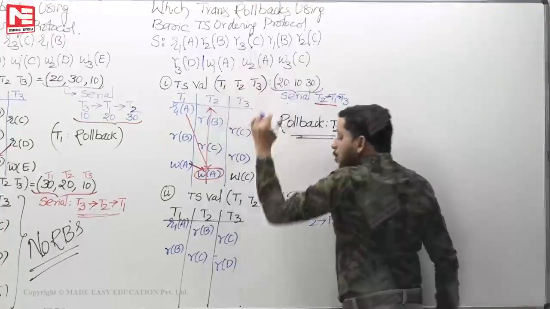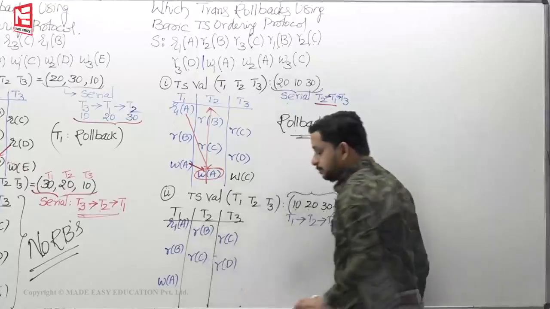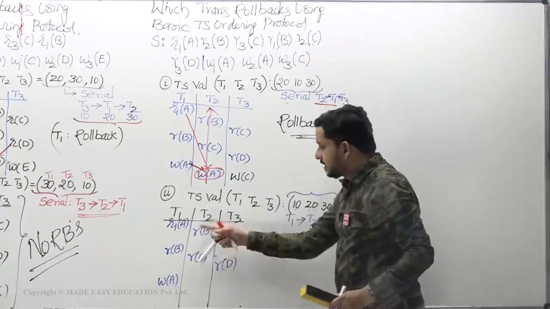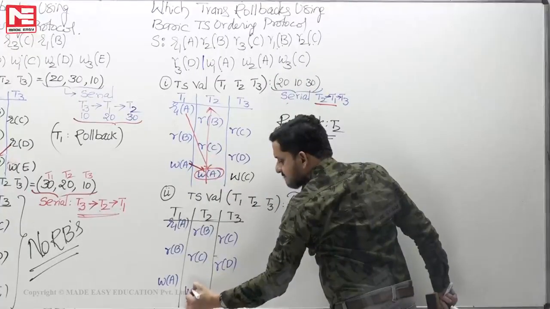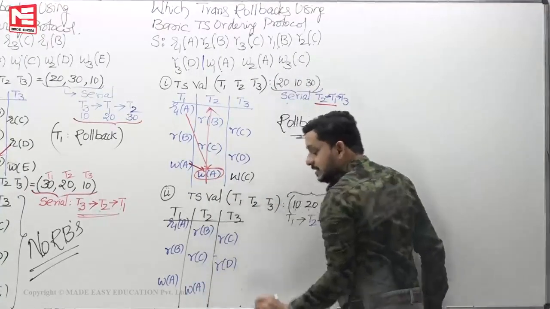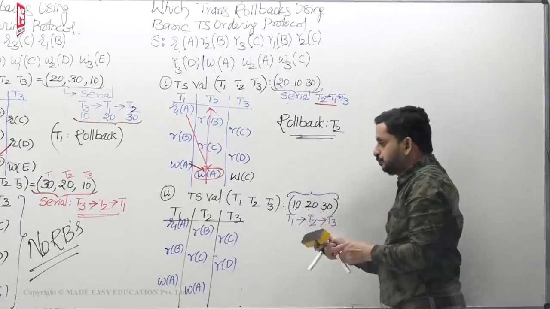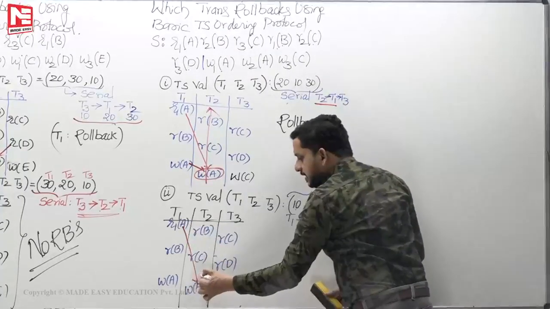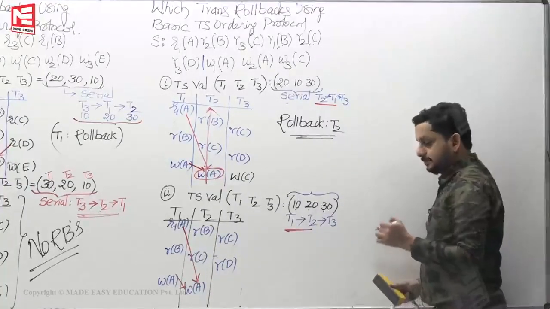Then W1A, no conflict pair now, since these are writes and reads. This is also okay. Then W2A, the conflict pair is T1 precede T2. T1 precede T2 is allowed here.